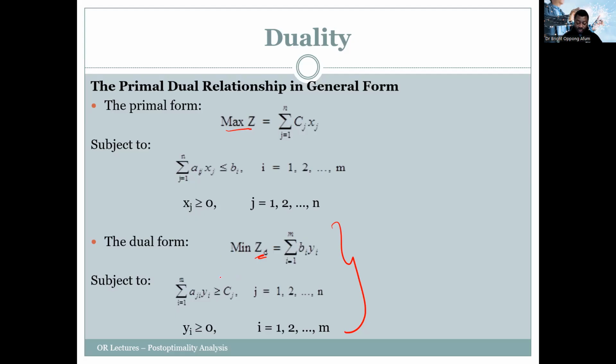And the number of constraints in the primal becomes the number of marginal values, or decision variables, in the dual form, right? And similarly, the marginal values have to satisfy non-negativity constraints, right?